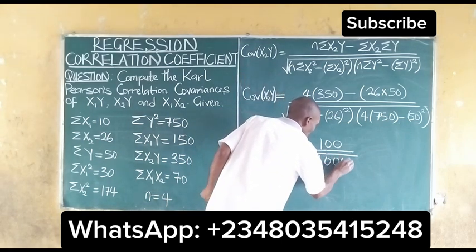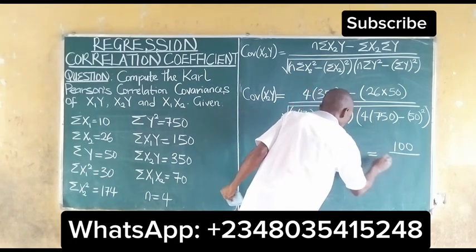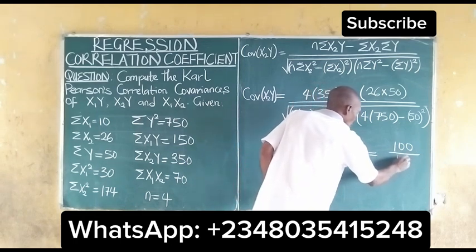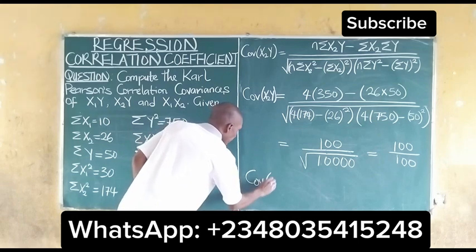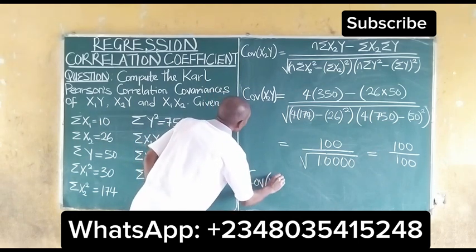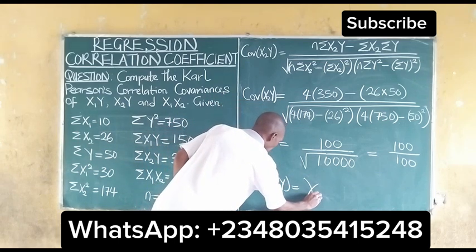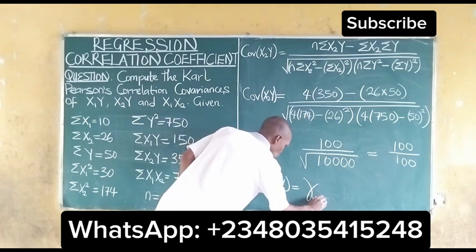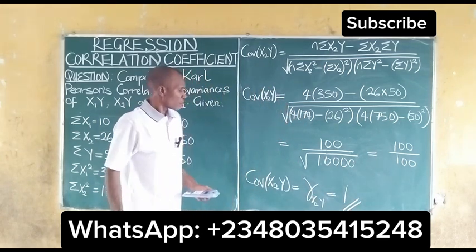It still gives us 10,000. So we have 100 all over the square root of 10,000, which is 100. It then means that the covariance of x2y, which is the same thing as the Pearson correlation of x2y, is equal to 1.